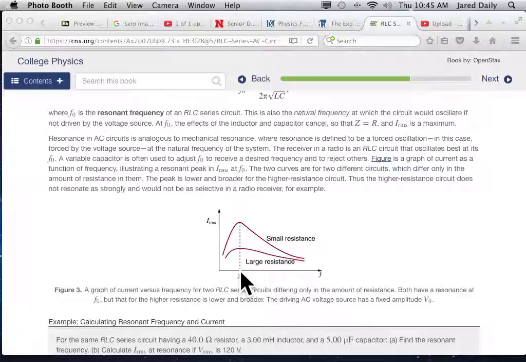And that's exactly how we make cell phones. That's exactly how we make radios. Everything else, we make them so that you can tune into a resonant frequency, so that you can make this gap just narrow enough to pinpoint this particular frequency and amplify it.